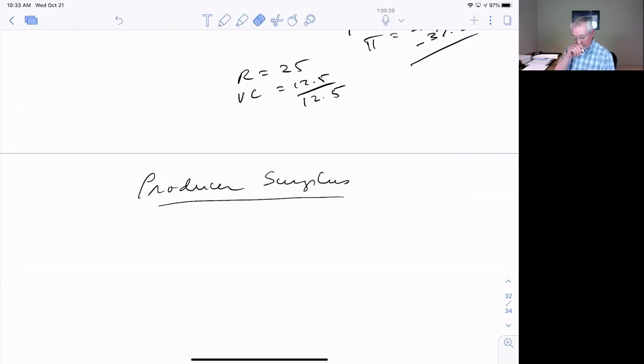And what producer surplus is by definition, producer surplus is equal to revenues minus avoidable costs.